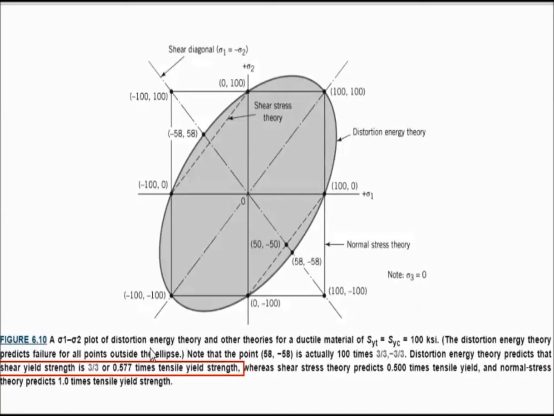This is our plot for distortion energy theory. What we want to pay attention to is that distortion energy theory predicts that the shear yield strength is the square root of 3 over 3, or 0.577, times the tensile yield strength. This is the equation we're going to use to write down our shear yield strength for our problem.